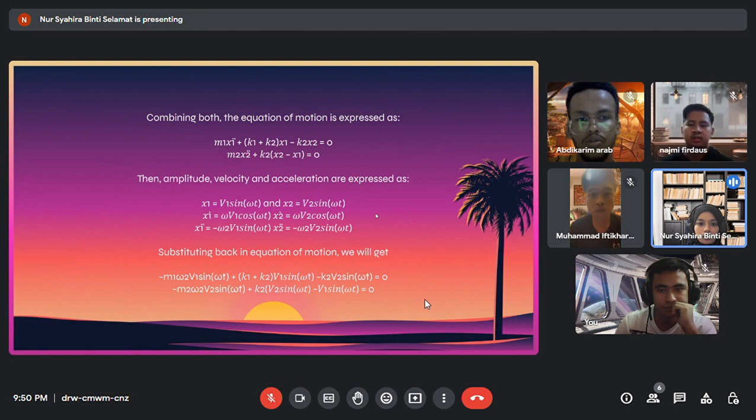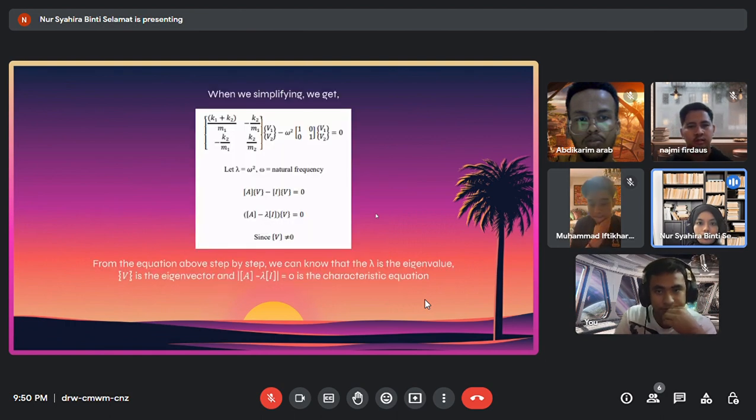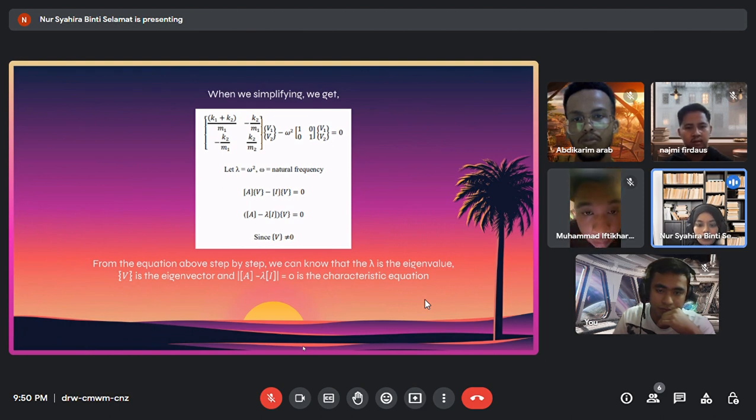Then substitute back into the equation of motion, and we will produce this formula. When we simplify, we get this by using matrices. Then we let lambda equal omega squared, where omega squared is the natural frequency. From the equation above, step by step, we can know that lambda is the eigenvalue, v is the eigenvector, and A minus lambda I equals 0 is the characteristic equation.